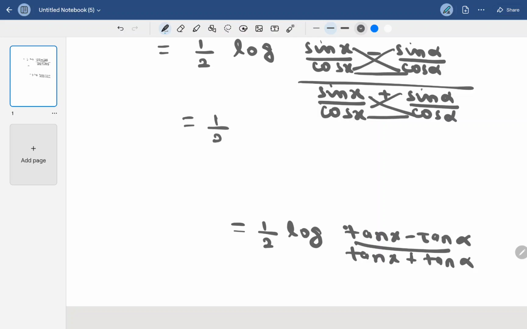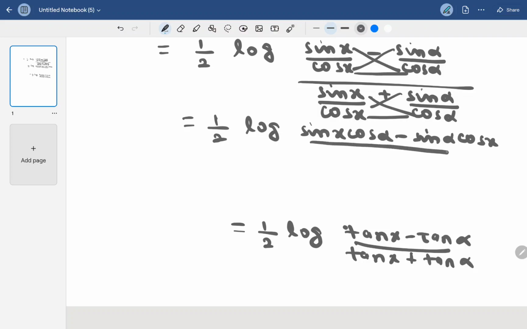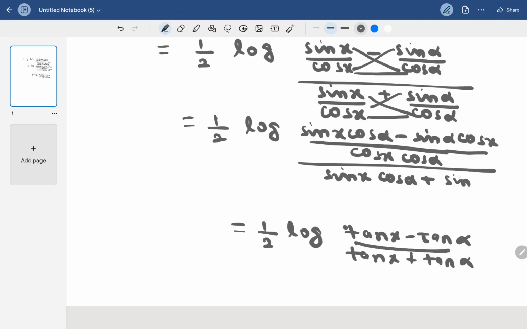The answer is 1 by 2 log of sin x cos alpha minus sin alpha cos x divided by cos x cos alpha, again divided by sin x cos alpha plus sin alpha cos x divided by cos x cos alpha. Cos x cos alpha will get cancelled.